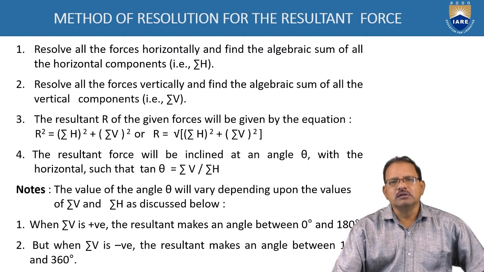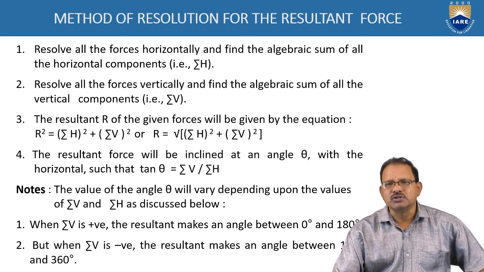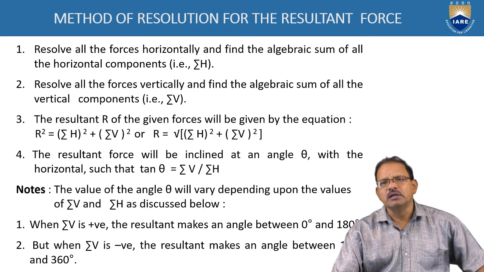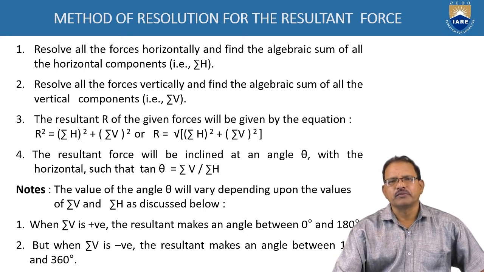When both components sigma V as well as sigma H are positive, according to the relation of quadrants, the resultant belongs to the first quadrant, lying between 0 and 90 degrees. When sigma V is positive and sigma H is negative, it lies between 90 and 180 degrees, that is the second quadrant.